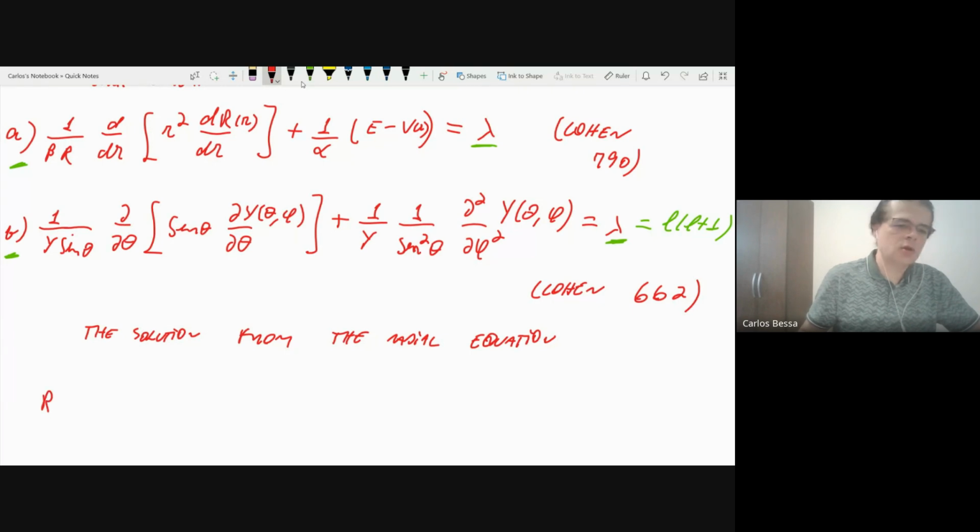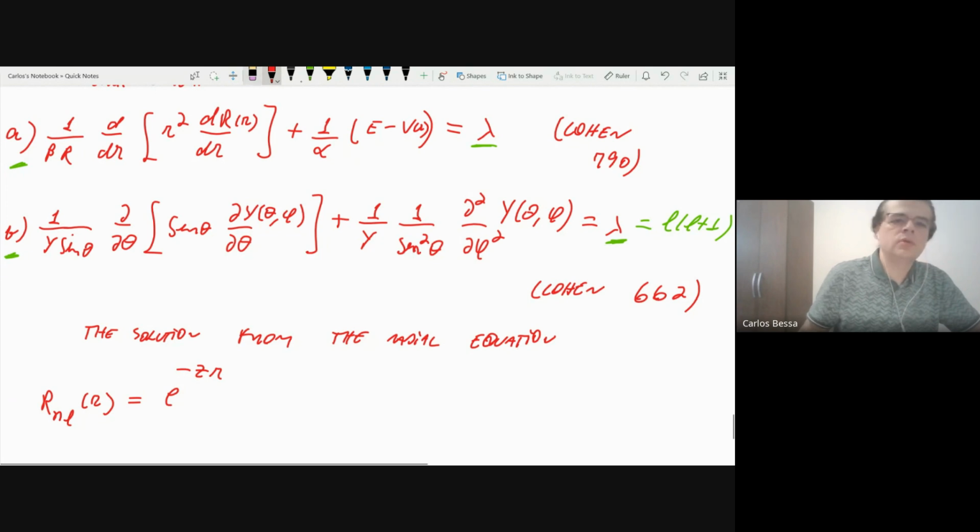is R n L. I will explain who is this n. It's just a constant, times exponential of minus Z r.